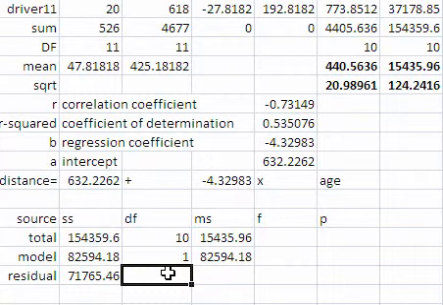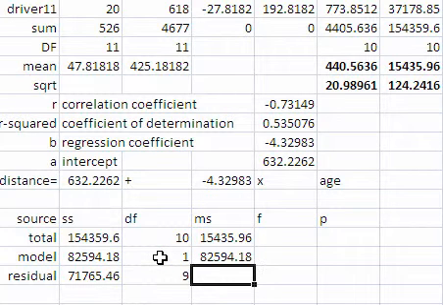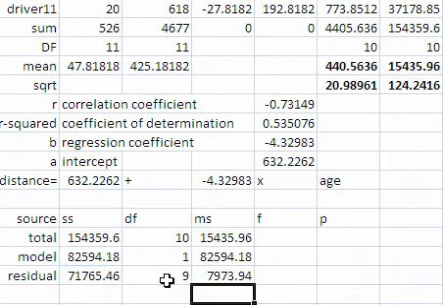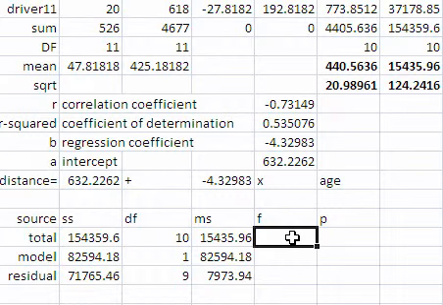The degrees of freedom we get by subtraction. The residuals have a degrees of freedom of 10 minus 1, or 9. That gives us a mean sum of squares equal to the sum of squares divided by the degrees of freedom, or that. We can now compute the F statistic.